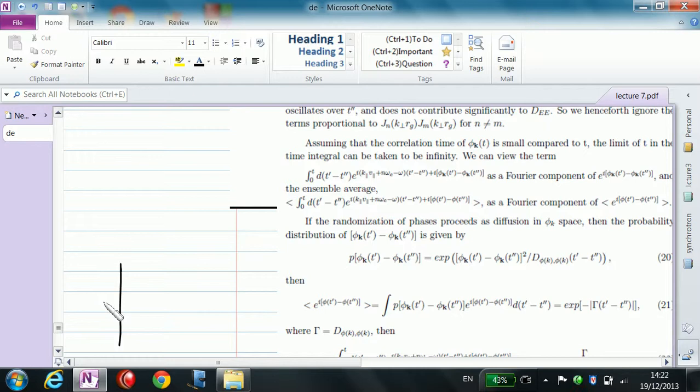Sorry, the product. The distribution of the difference between two Gaussianly distributed variables is also a Gaussian distribution, because the distribution of x minus y squared is equal to the distribution of x squared.